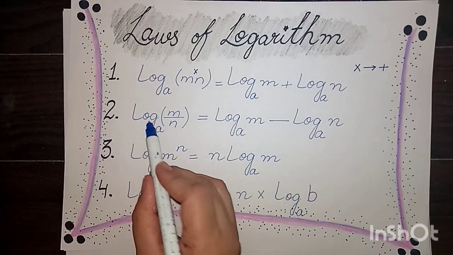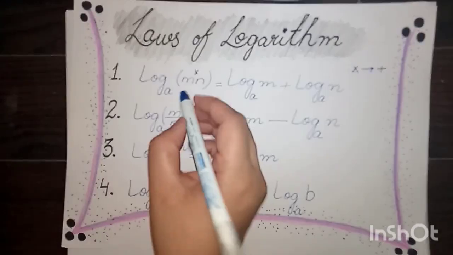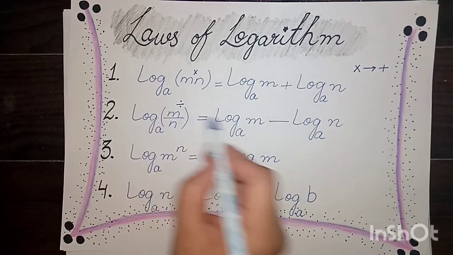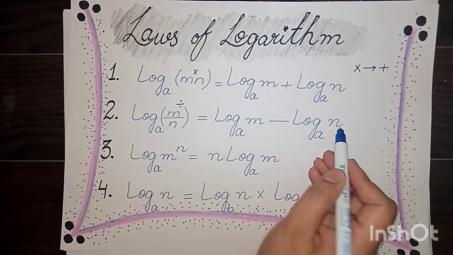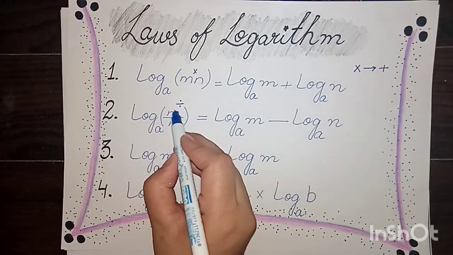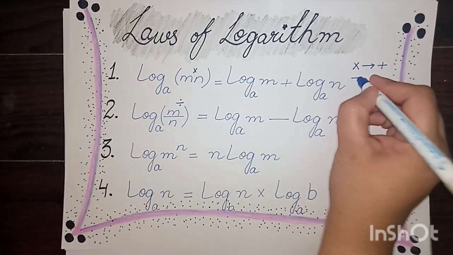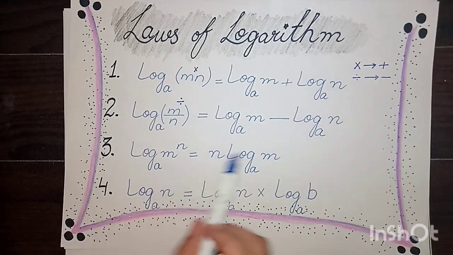Next one is log of a, m over n. Here is a division. So log of a m over n converts to log of a m minus log of a n, means we will convert division into subtraction.